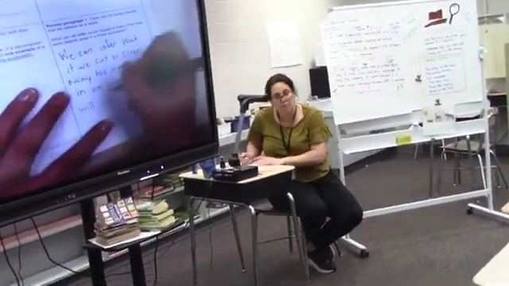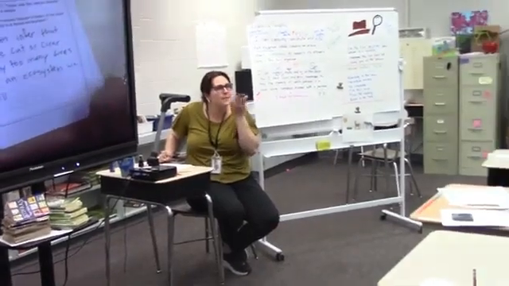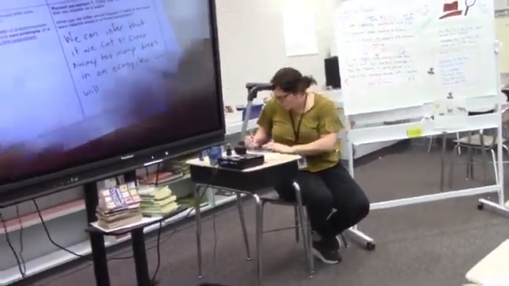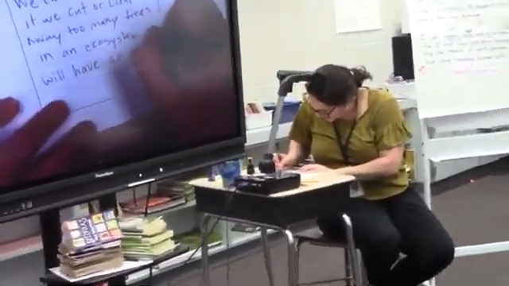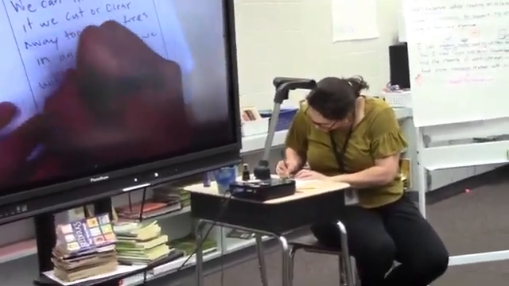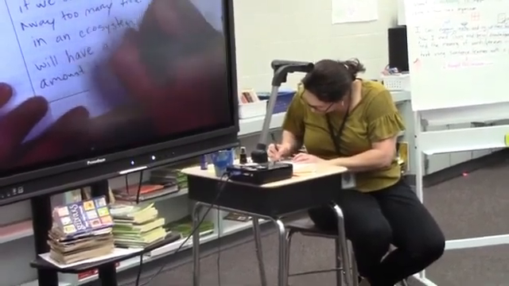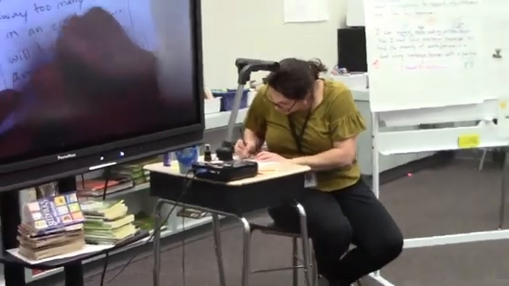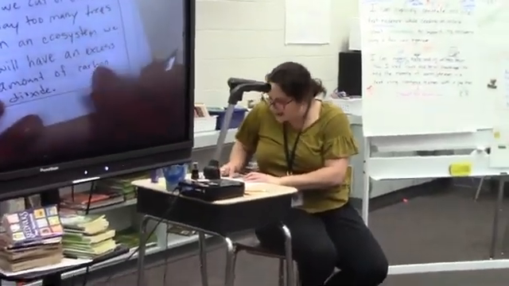What's going to happen to carbon dioxide? Ooh, beautiful word. We will have, very good Adriel, an excess amount of carbon dioxide. That means, guys, that we will have too much of that gas.